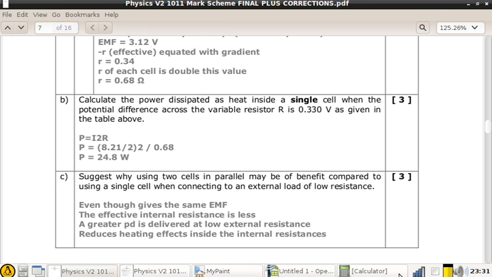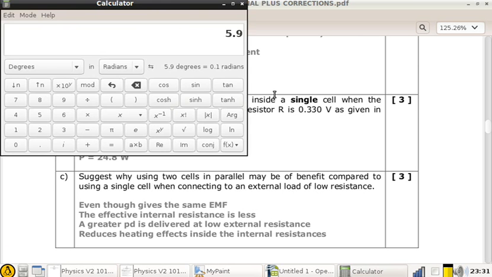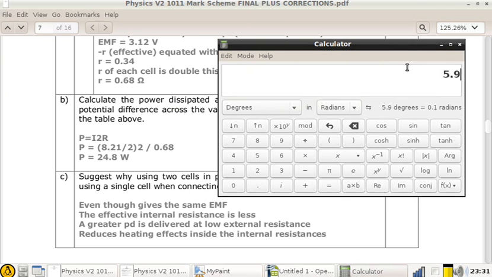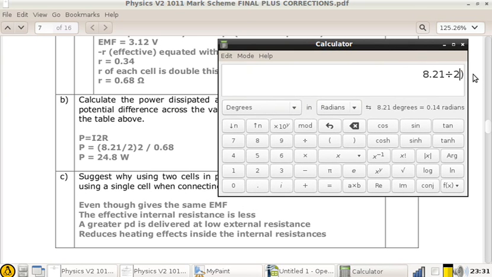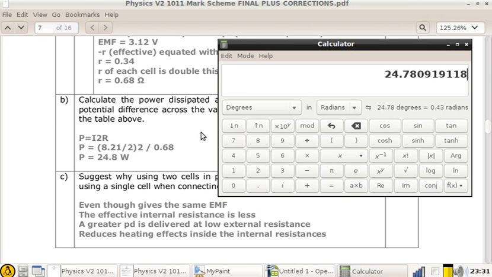But if you were to type this in, 8.21 divided by 2 squared divided by 0.68. True, you do get the same number, but it shouldn't be divide here by 0.68.